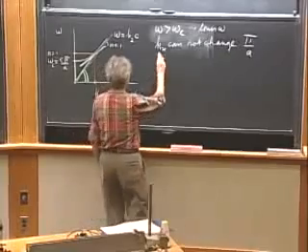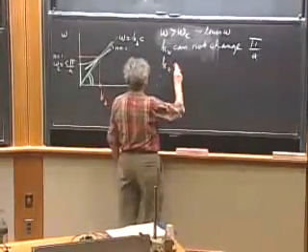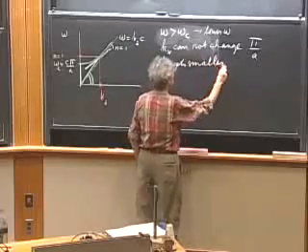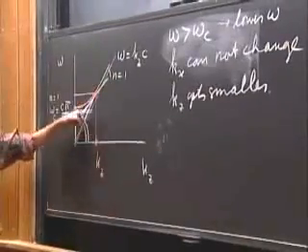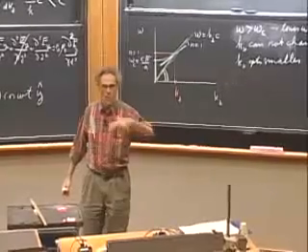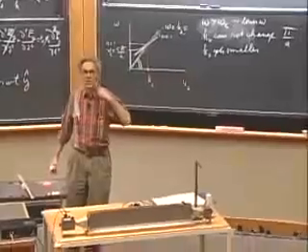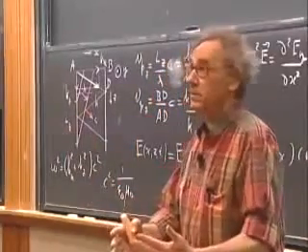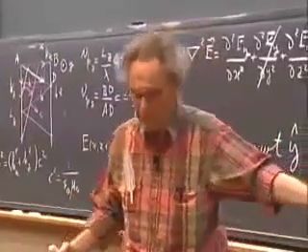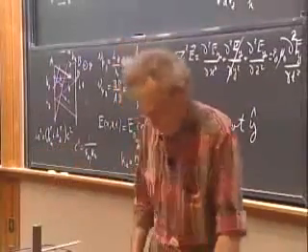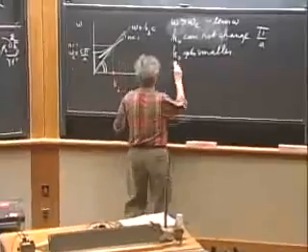Therefore, kz gets smaller. You're going down this line, and the kz gets smaller. Omega is always k times c. So clearly, if omega comes down, k must come down. And that means kz comes down in this case, because kx is not going to give up. And so k gets smaller.